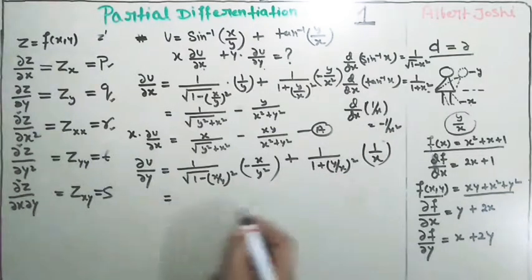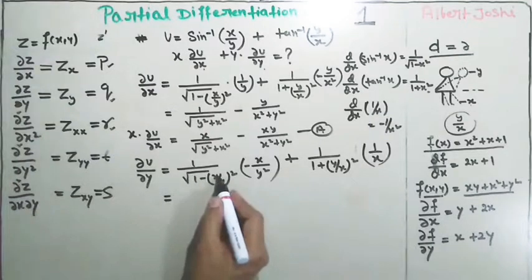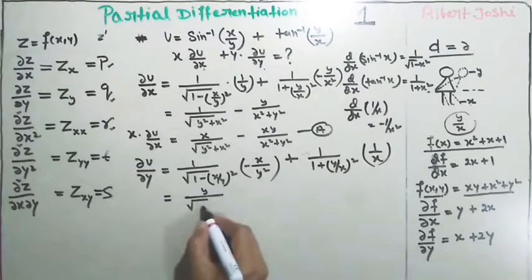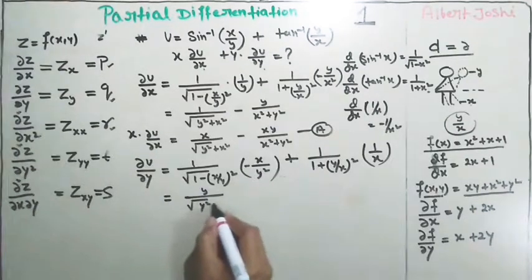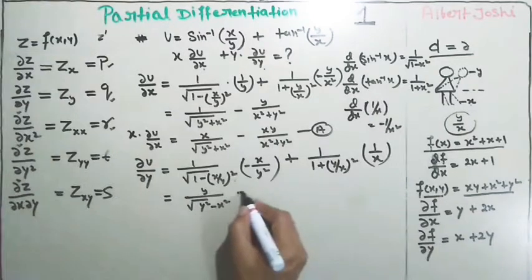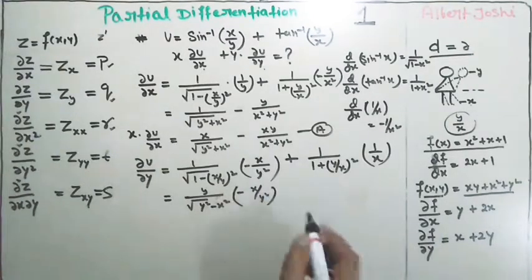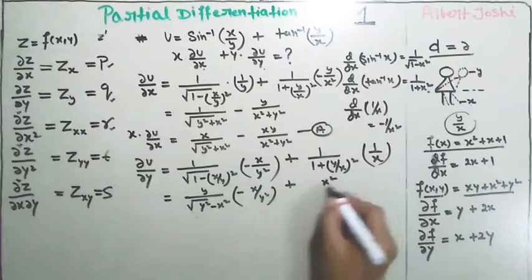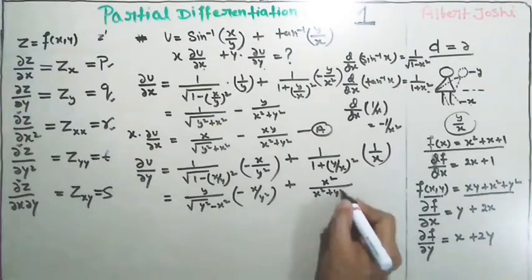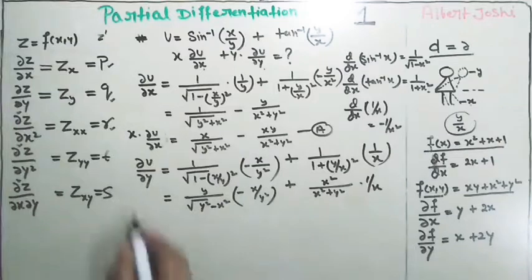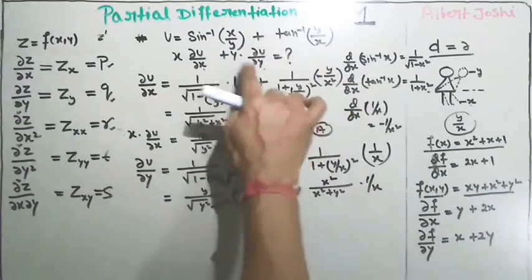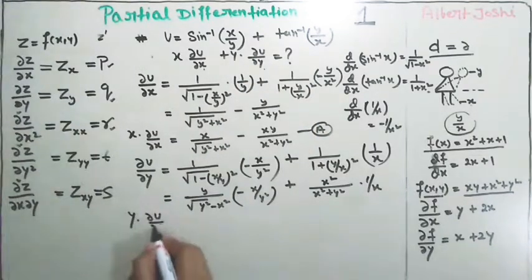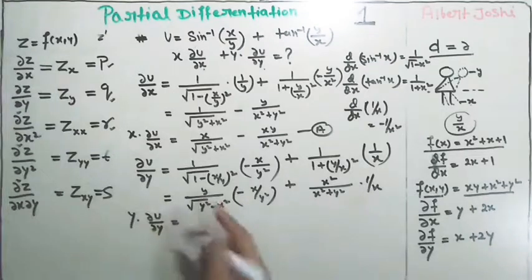Okay, then solve it, then you will get y square, and it will come here, y upon square root y square minus x square, minus x upon y square. Okay, and plus this, it will come above, x square upon x square plus y square into 1 upon x. Then multiply by y, because y into ∂u/∂y.